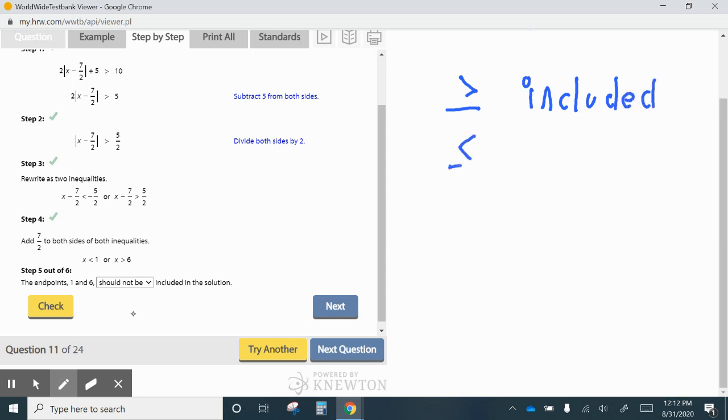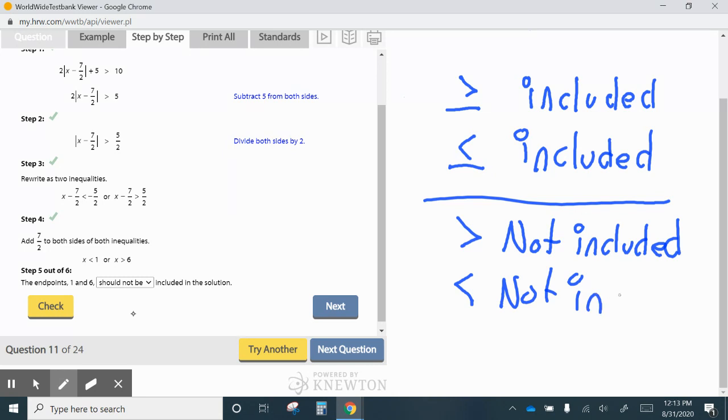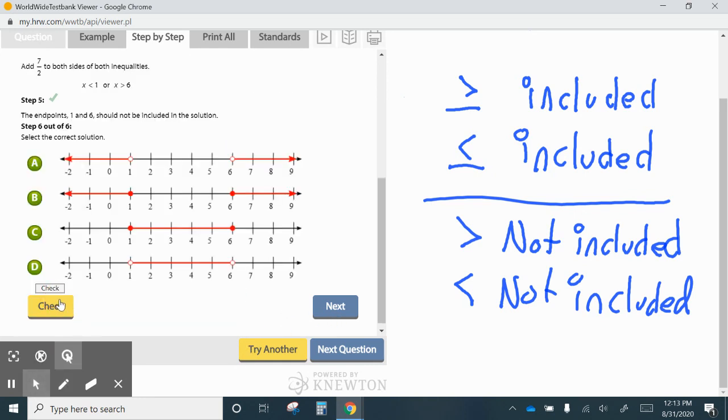When it's less than or equal to, included. Greater than, not included. And less than, not included. Notice, if there's no line underneath, it's not included. If there's a line underneath, it's included. Okay. Check. Correct. All right. So now the graph.